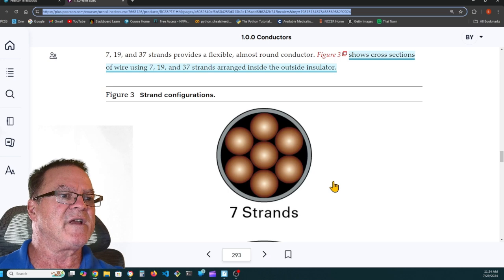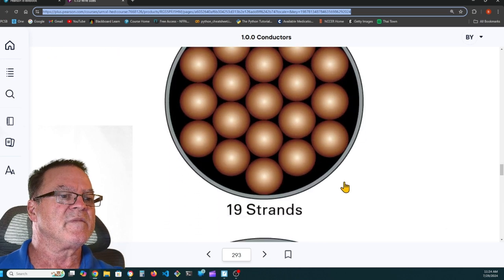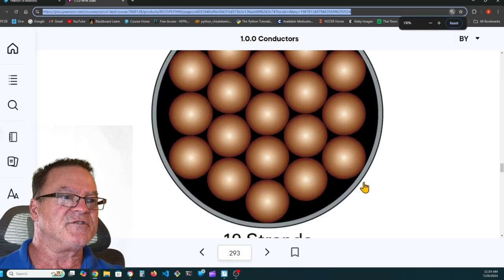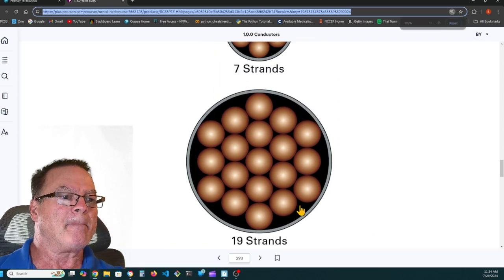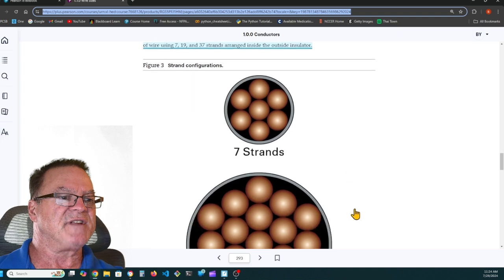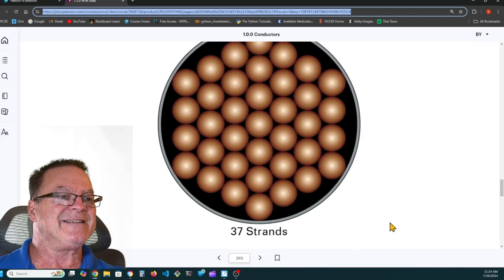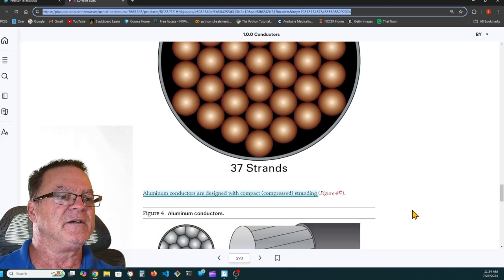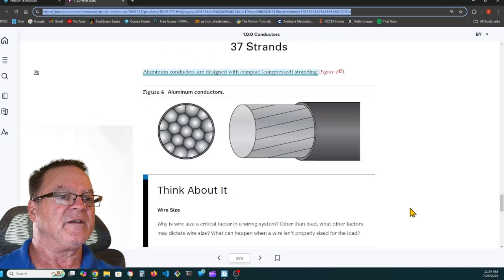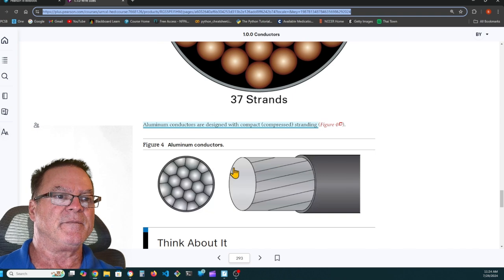So here's 7 strands. Here's 19 strands. So 1 plus 6 is 7, plus 12 is 19, plus 18 is 37. And it just keeps getting larger and larger.